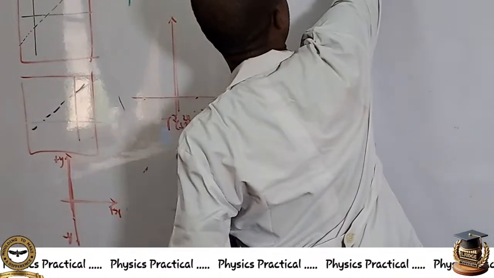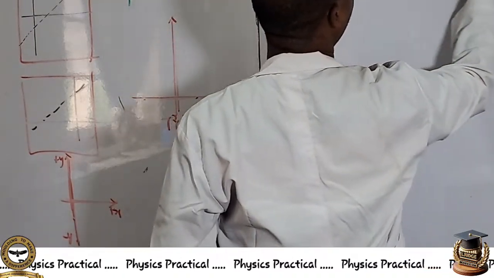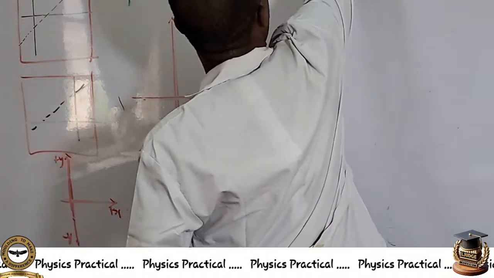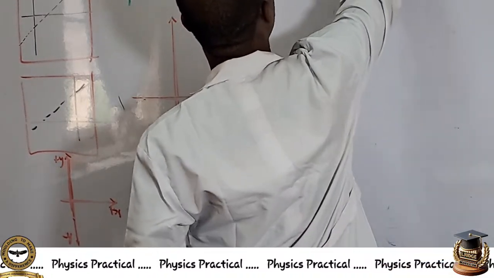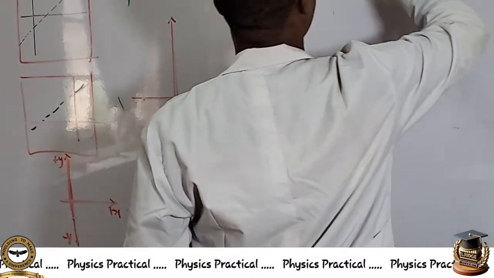I already have a graph of this against this, and this is t squared. I've plotted all my points.